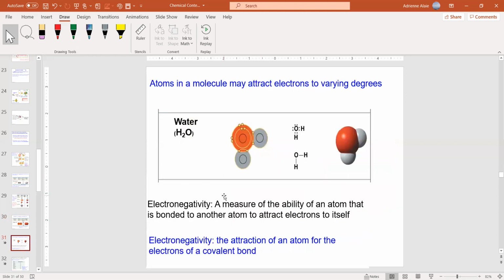Okay, now the atoms, though, if they are different from one another, if they are from a different element than each other, they may not attract the electrons to the same degree. So in other words, if you think about 2 children deciding to share a book, and they're both sitting on the floor, and one wants to read it way more than the other one.